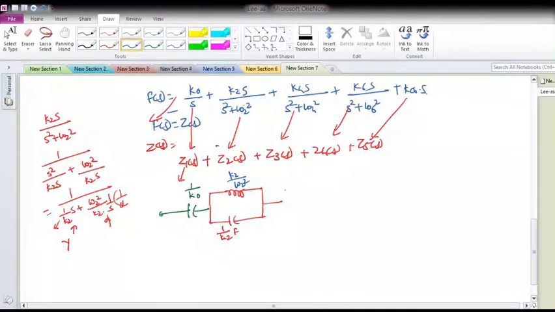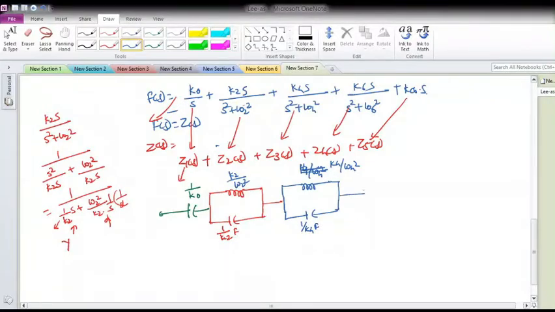Now on the same note, I can realize Z3 of S. It will be like this. The value of the inductor will be K4 by omega 4 square, and the value of the capacitor will be 1 by K4 farad.